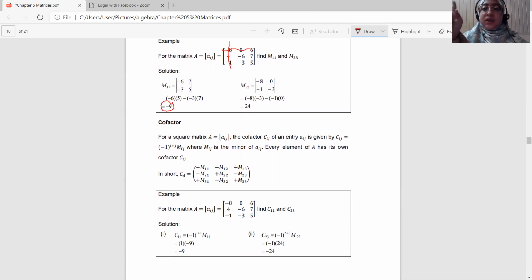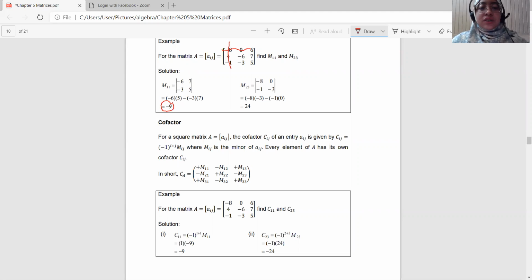But when we get the minors, we can also get the cofactors. How to do the cofactor is by multiplying the value of the minor that you got earlier by -1 to the power of i plus j, times Mij.